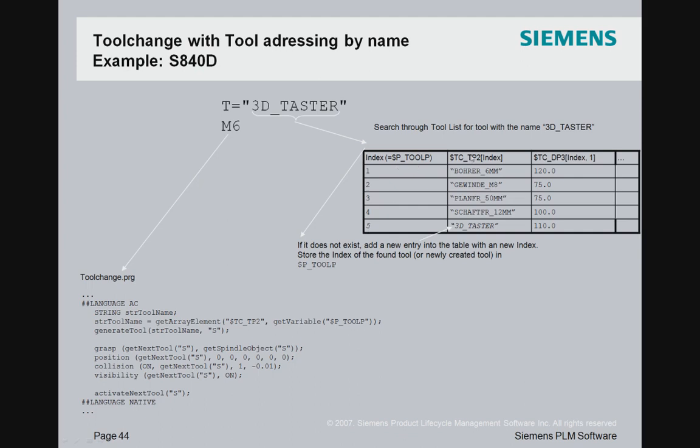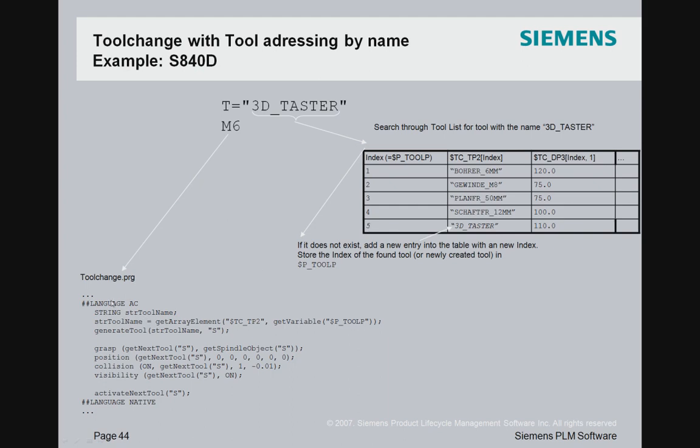It will search through this whole array, try to locate the tool with the same name, in this case 3D Taster. It will find that, and then $p tool p will contain the array index, so in this case 5. And the CCF files that we've created use exactly this mechanism. So they will create this array, fill it with tool names that you've specified here, and then $p tool p will contain the index, in this case 5.